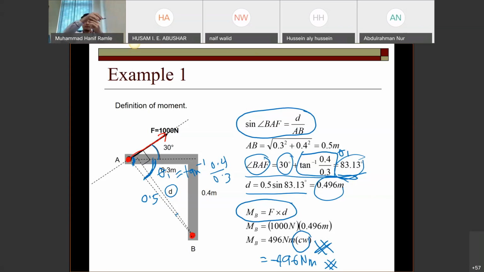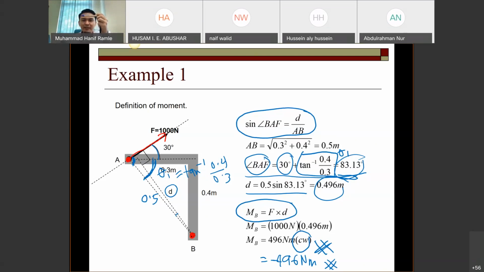How to make it like this? Maybe like this, or maybe like this. Okay, like this. So this is the example.